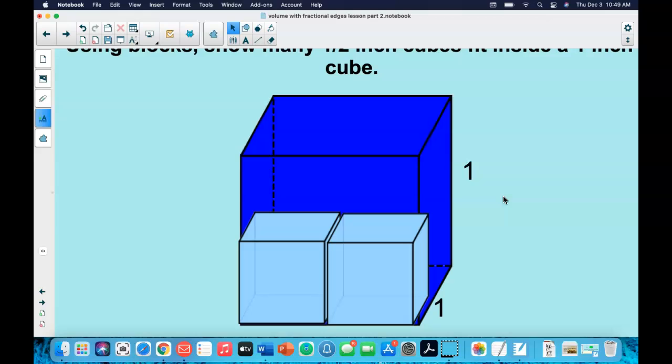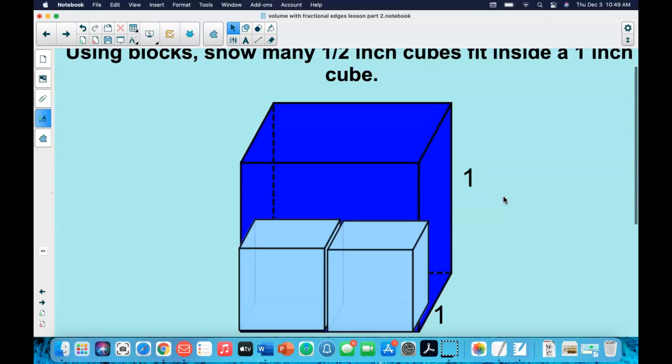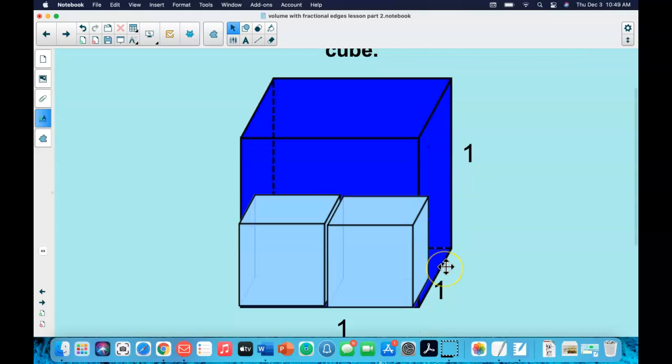And so then I reminded myself that I'm working with a prism, and a prism has length and width and depth. So there's 3 dimensions. And so I have to account for the length, the width, and the depth. So it does take 2 to cover the length, but now I need to cover the depth, which is from front to back.